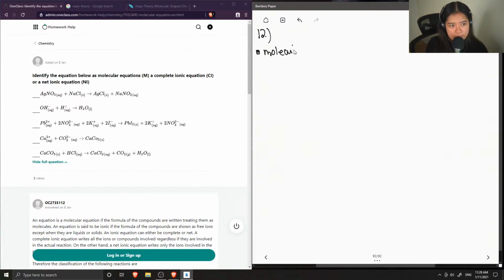So when we have a molecular equation, this is when our compounds are written as molecules.